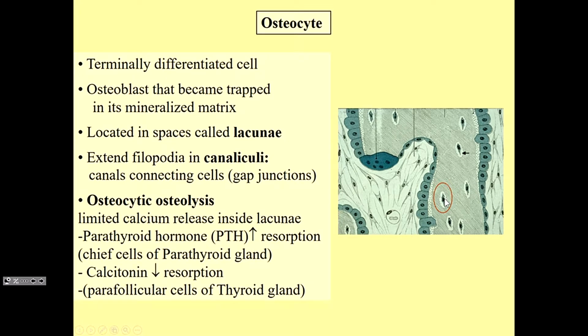And then they communicate with each other via little philopodia, which would be like a very skinny microvillus, okay? And these little philopodia reside in canaliculi, canal, space, cavity, right? So philopodia within canaliculi, and they connect to each other via gap junctions.